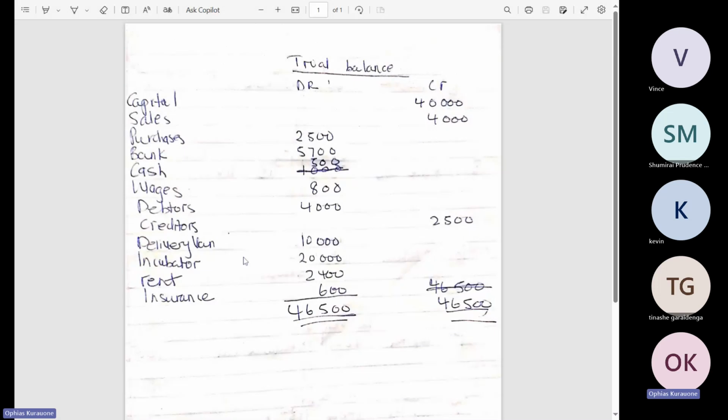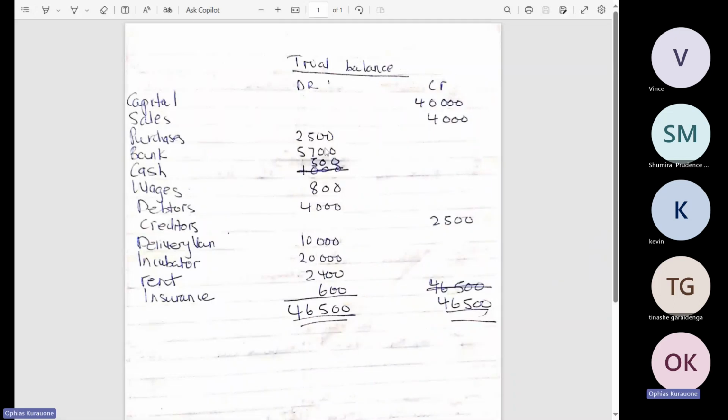As you know, as per rule, we do not record the accrued amount, the wages which were not paid there. This was supposed to be written here on the prepayment in the additional information. So our trial balance here is now balancing. So that is what we're supposed to do.